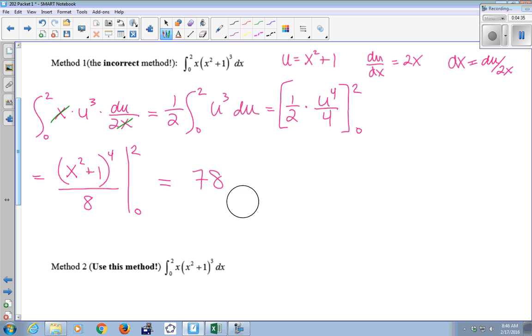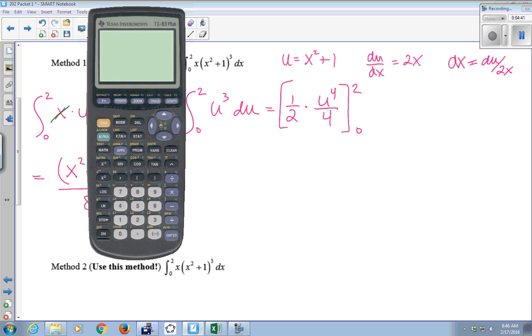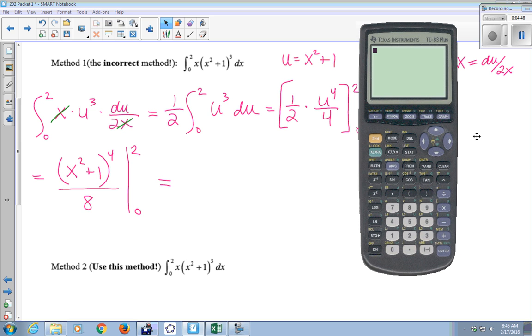Well, let's write it out, because I'll have my calculator do some of the dirty work here. I tend to let my calculator do a lot of my arithmetic. So my function that I'm trying to evaluate, that I want to plug a 2 into and a 0 into, I can just type it into y1.